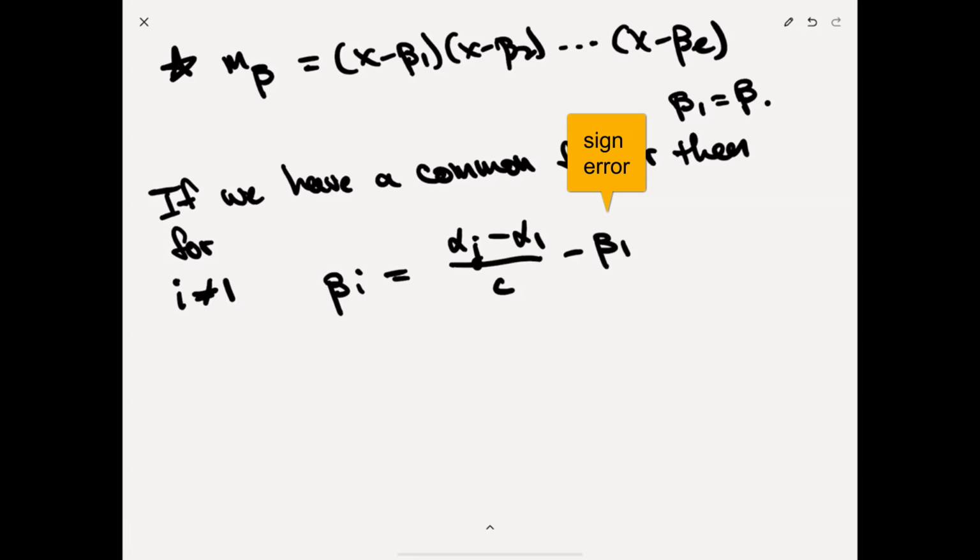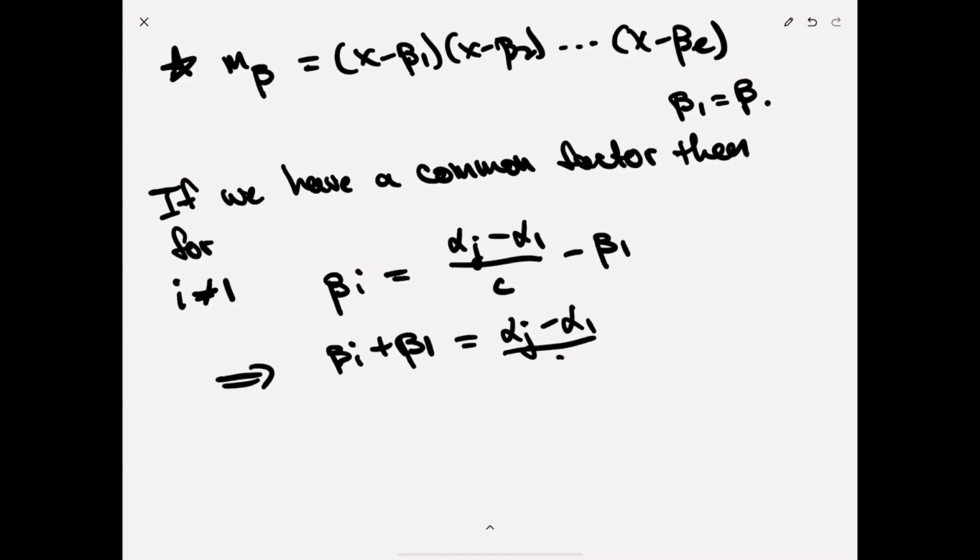So beta i plus beta 1 is equal to alpha j minus alpha 1 divided by c, which implies that c is equal to alpha j minus alpha 1 divided by beta i plus beta 1.